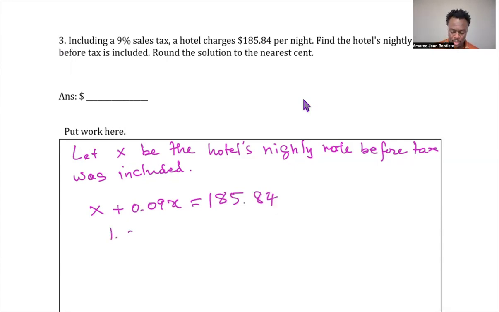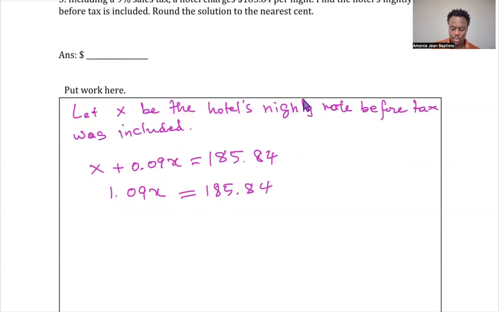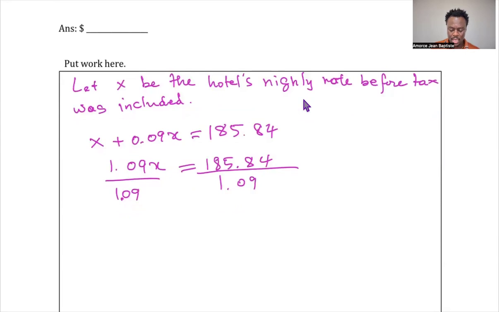Now we have 1.09x equals 185.84. If we divide by 1.09, we get x equals 185.84 divided by 1.09.